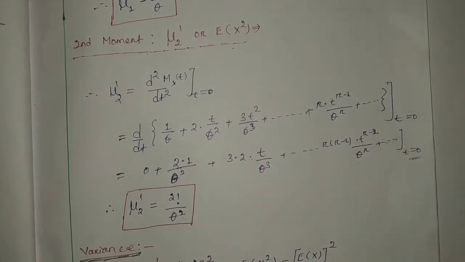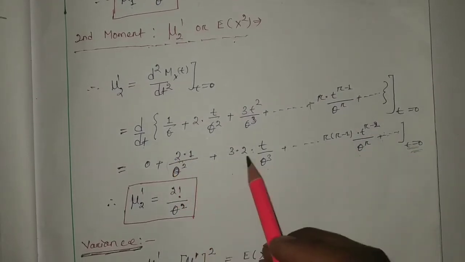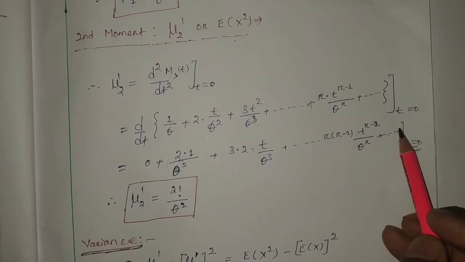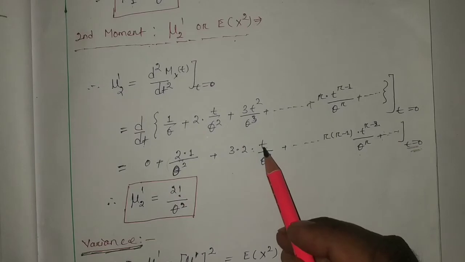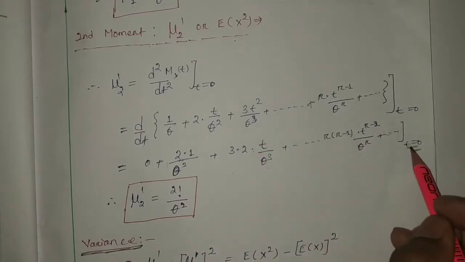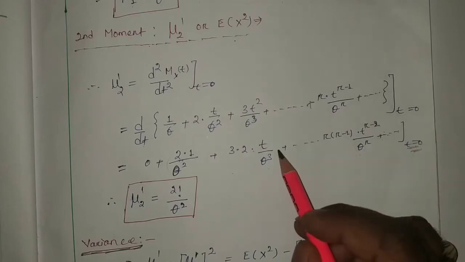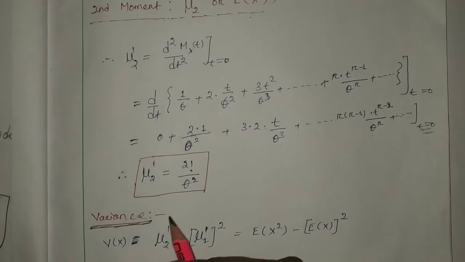Now we have to put t equal to 0. Here you can see that except this term, all the terms contain t. So if we put t equal to 0, then except this, all the terms are going to be cancelled out.